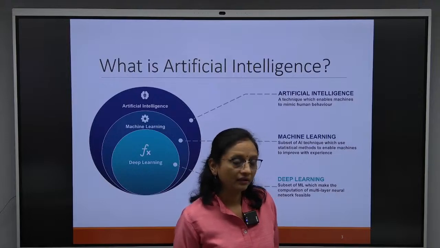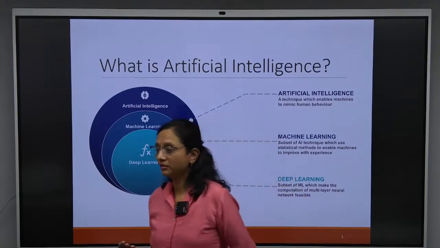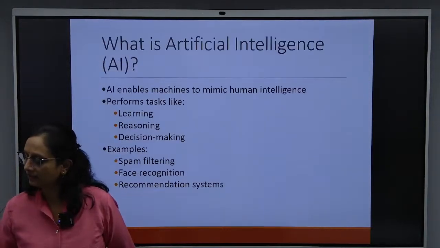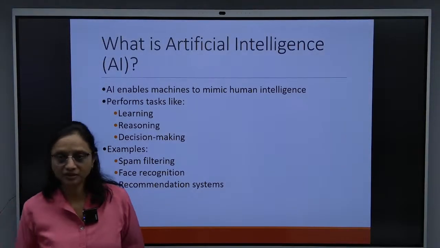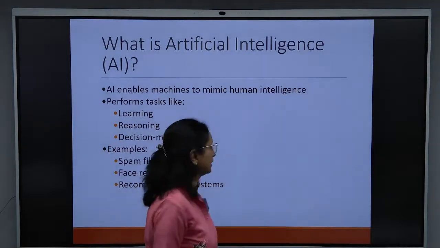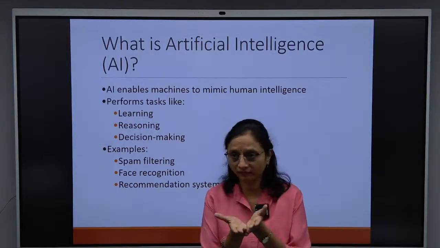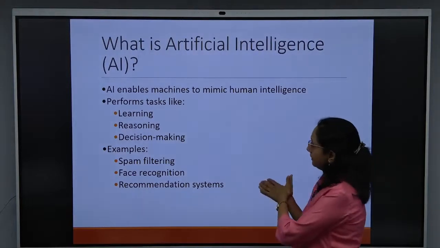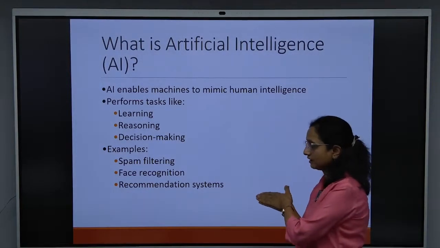Clear? Now, how the market trends are going to change in day-to-day life, that we will see. Traditional AI, artificial intelligence, works for learning, reasoning, and decision making. Simple examples are face recognition, spam filtering, and recommendation systems.